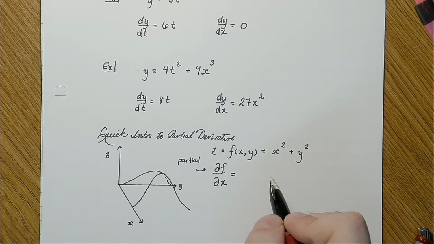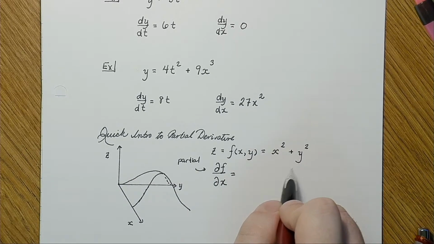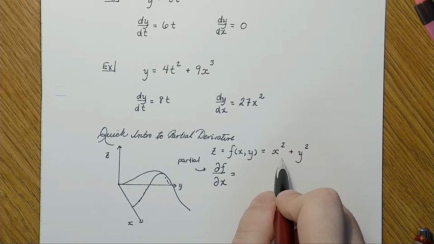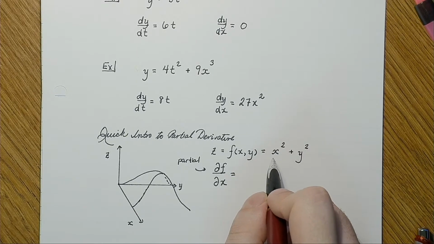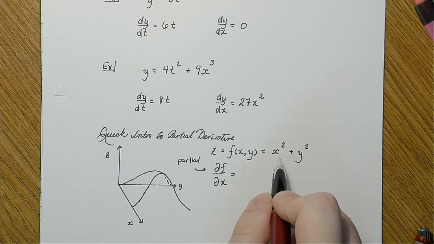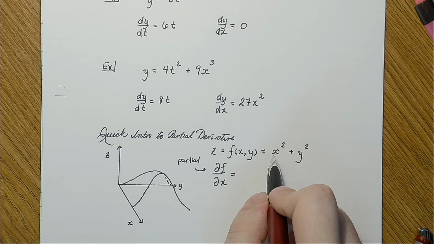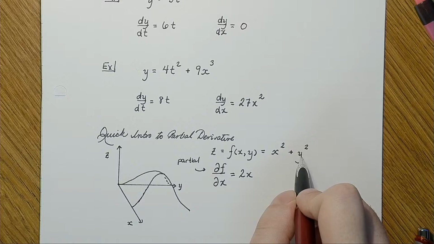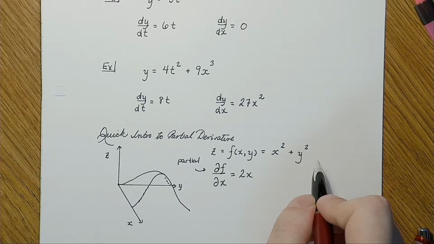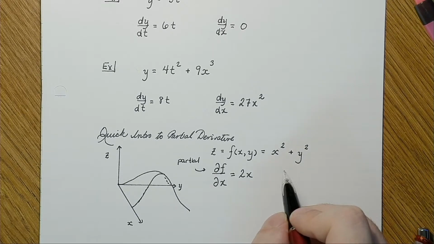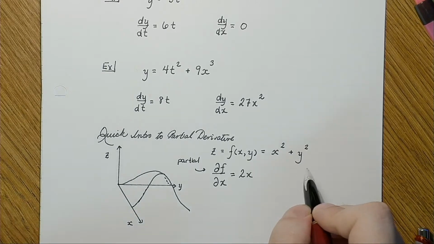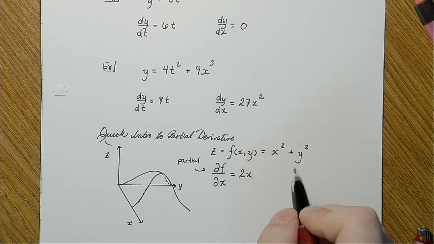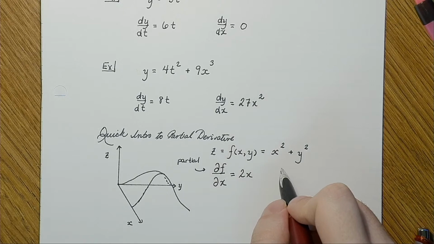Same idea: I look at this function, which is a function of two variables, and I differentiate it with respect to x. Here I have x squared, so that's just 2x. And I have y squared, but there's no x, so I don't care. It's a constant in how I'm interpreting this with respect to x.